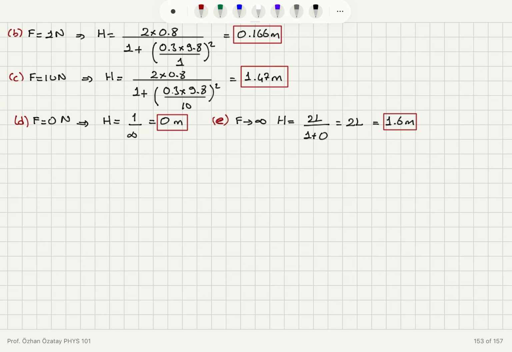Okay. And part F. Now I have the equilibrium situation. So let's look at the equilibrium free body diagram.